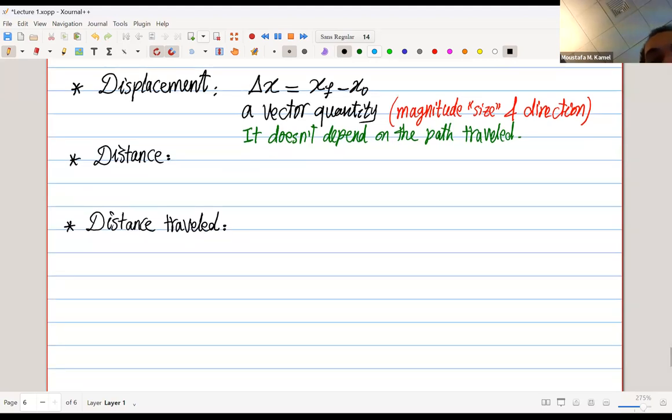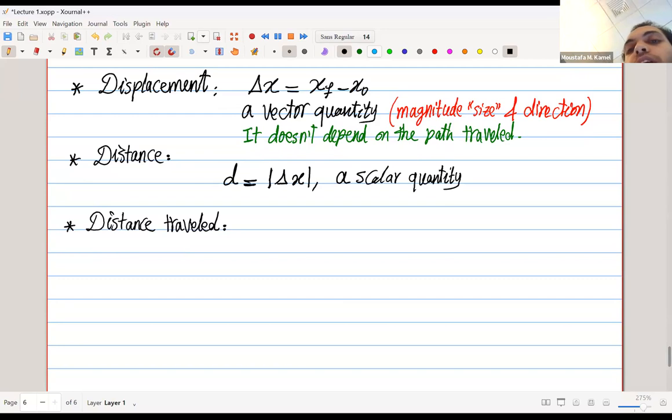Okay. So let's call distance D, and it will be the absolute value of delta x in mathematical terms. Okay. So it is a scalar quantity, not a vector quantity. So it only has a magnitude only.